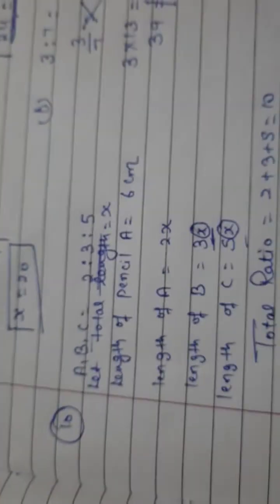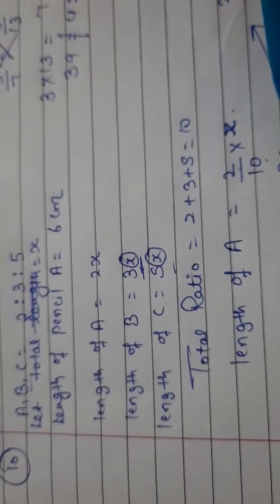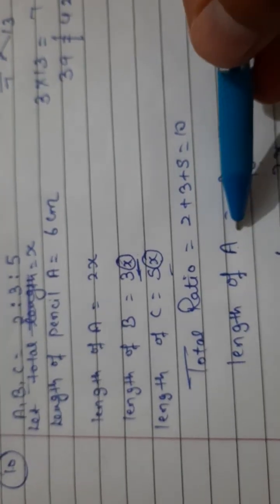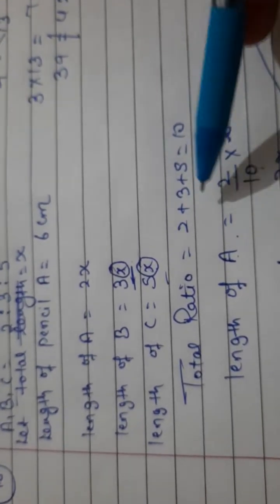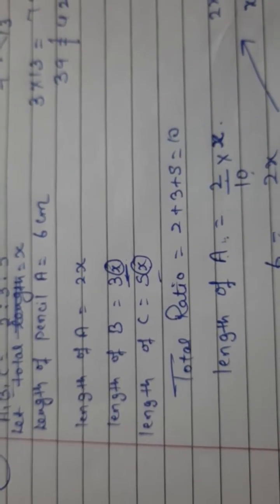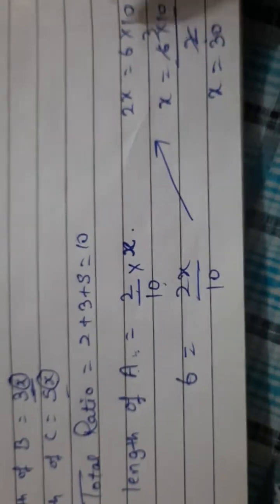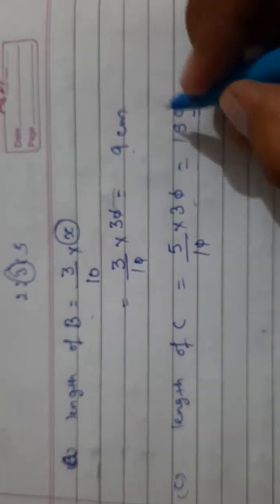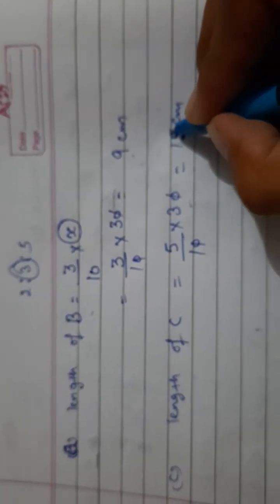Clear? Then we can write 2 by 10 into x, because the length of A is given, so that we can find the value of x from here. This value of x we can use next to find the length of B and length of C. Clear to all? This is 15.